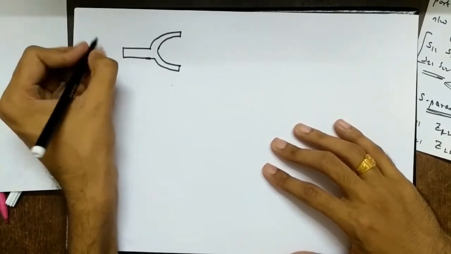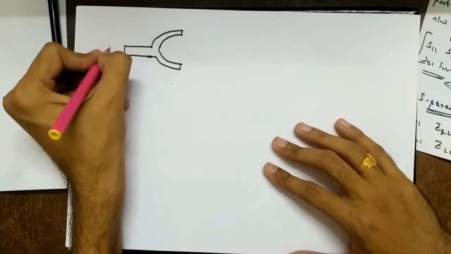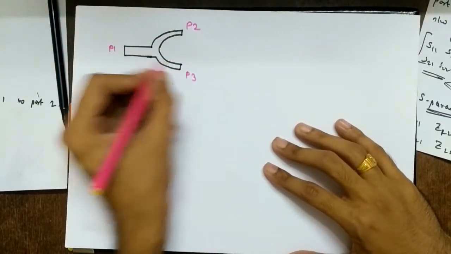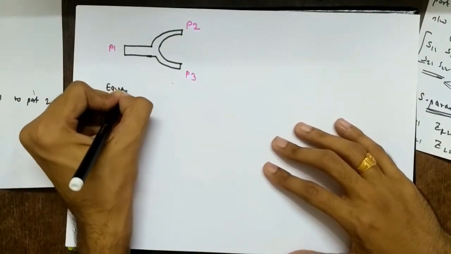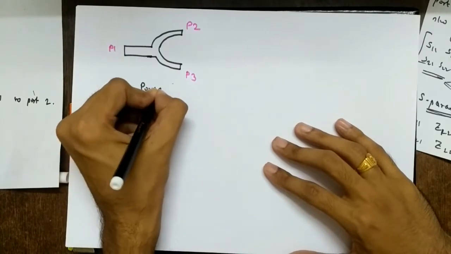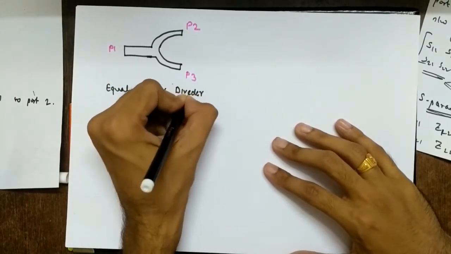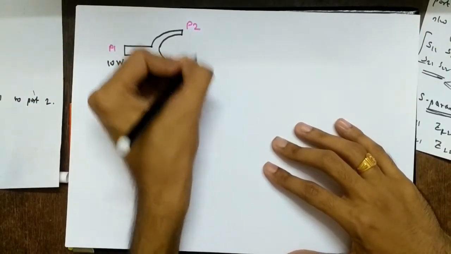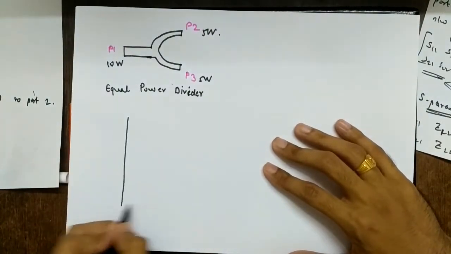This is my port 1, P1, this is my port 2, and this is my port 3. Let's say it is an equal power divider. That means if I give 10 watts from here, I should get 5 watts here and 5 watts here.